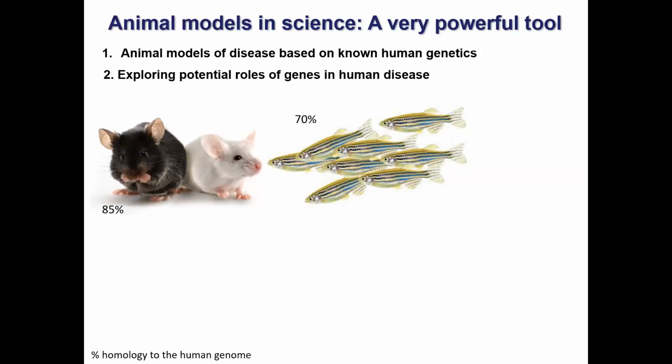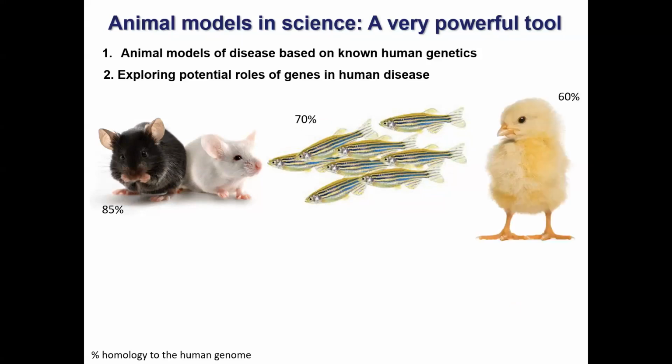A lot of things happen that you can easily visualize by just looking at the embryos or taking movies of these embryos and then going back. And it's also very useful because 70% of its genome is homologous to the human genome, meaning 70% of the genes are identical to human.